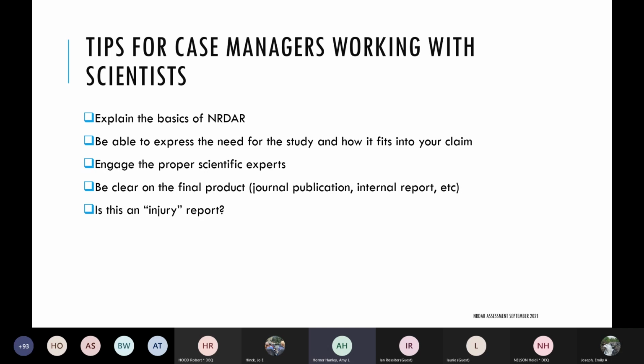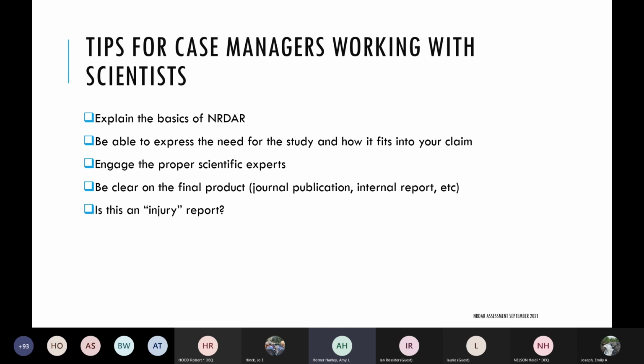And there's other more practical considerations too for NRDA cases, right? There's confidentiality considerations. So there might be a professor at a university that is the preeminent expert on whatever the resource is that you're interested in.